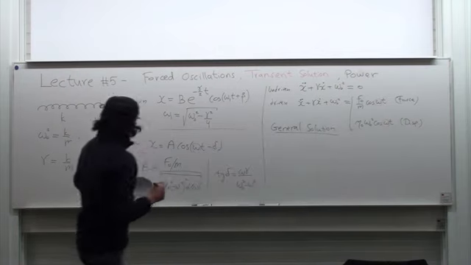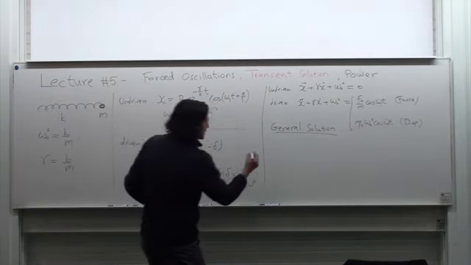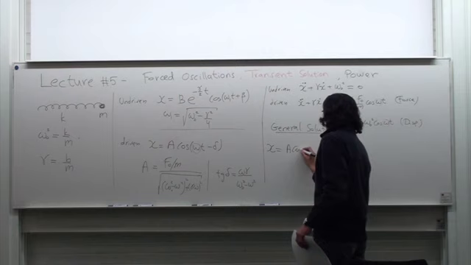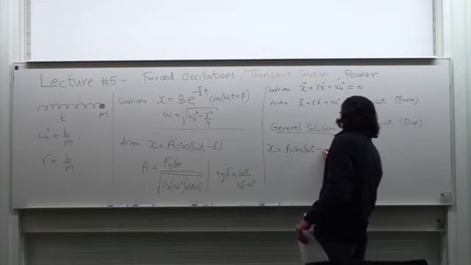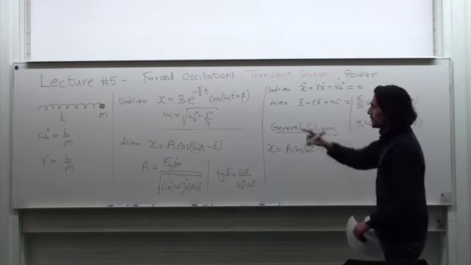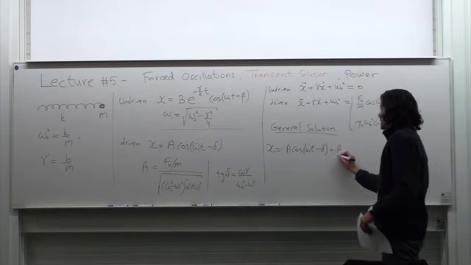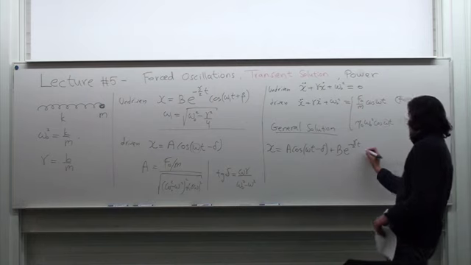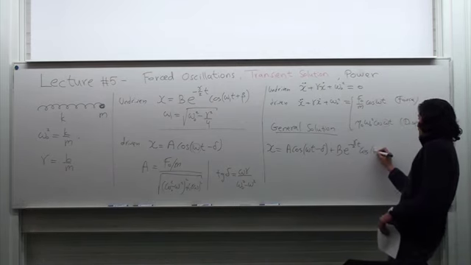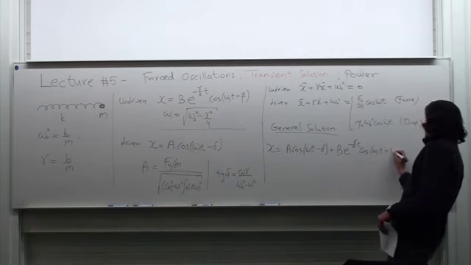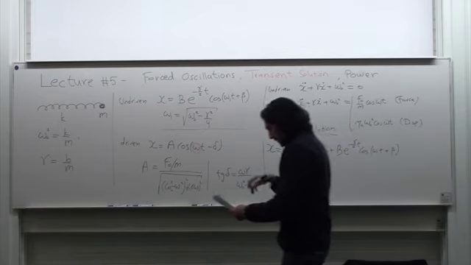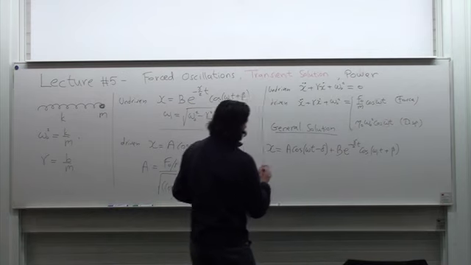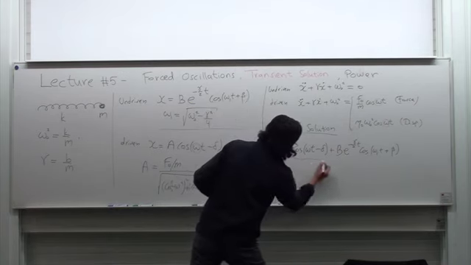The general solution would be this plus this. x equals A cosine(omega t minus delta) plus B e^(minus gamma over 2 times t) cosine(omega 1 t plus beta). This is the steady state.